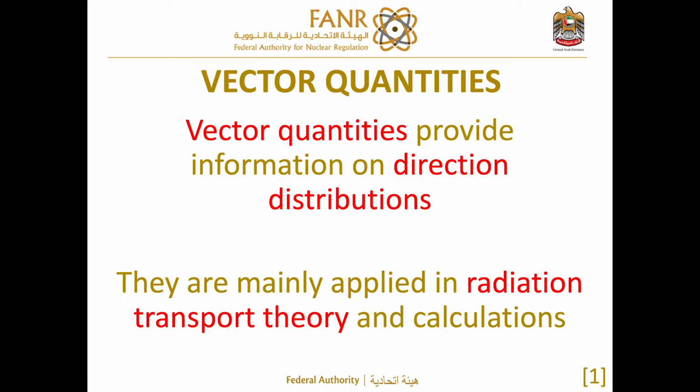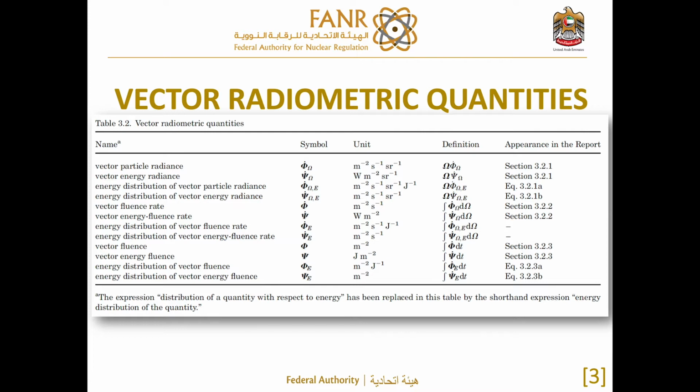Now, they are used in complex radiation transport theory and applied calculations, but some of you may encounter some of them in practice, for example, in medical physics practice or in radiation metrology practice.